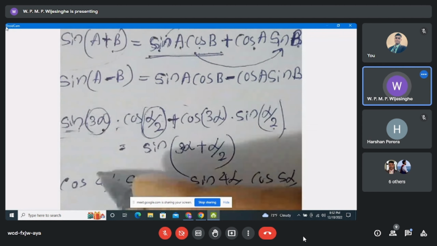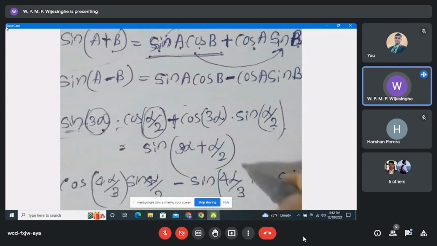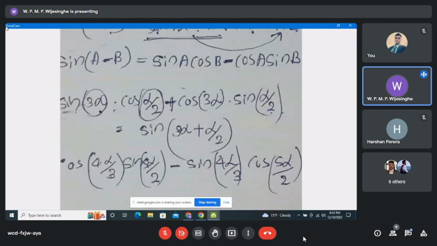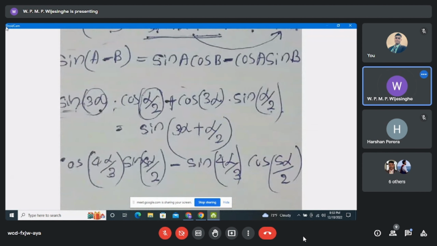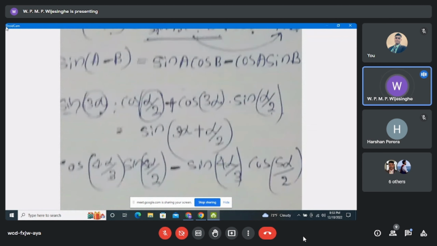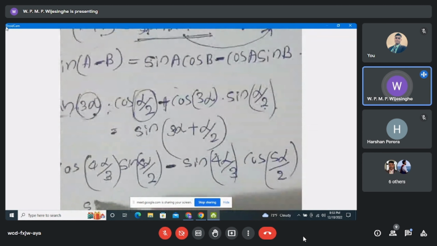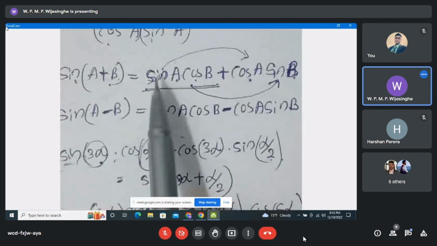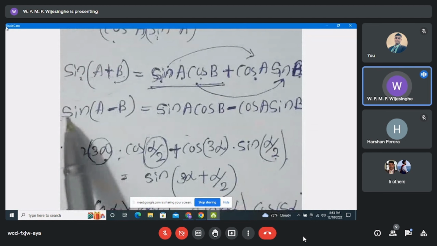Observe that here also cos converts into sine, sine converts into cos. As well as here, there is a negative sign. Then it should be a difference of two angles. Then I can write sine, here in the first term, sine, it is in this format, right?